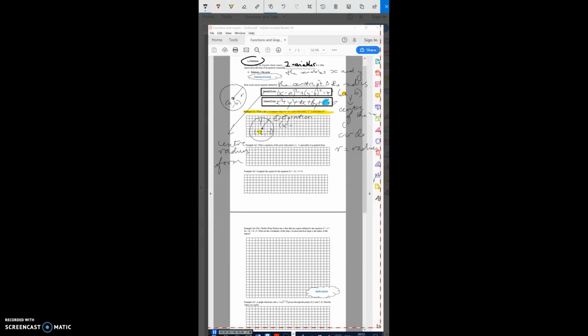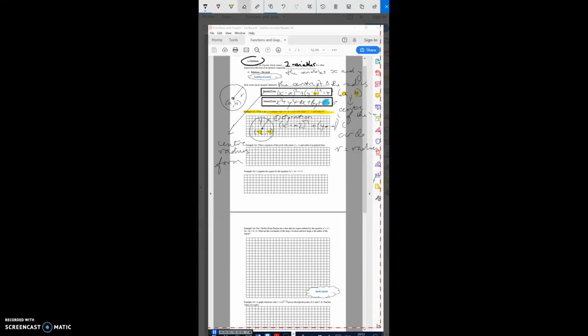So (x - (-2)) all squared plus (y - b), and b is the y-coordinate, which is -1. So it's going to be (y - (-1)) all squared.